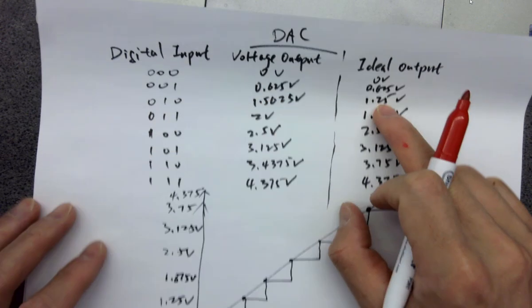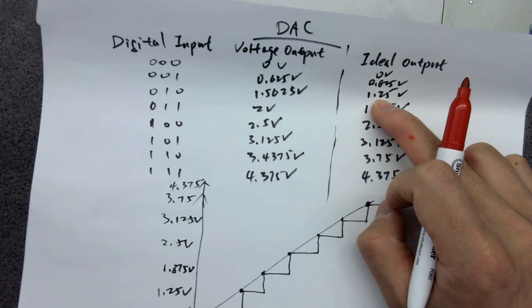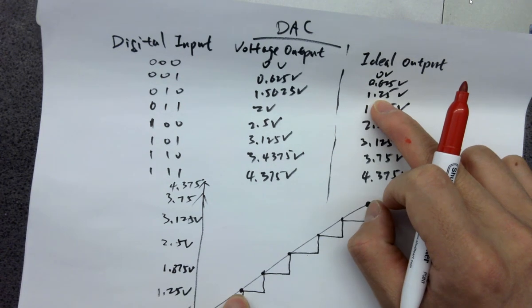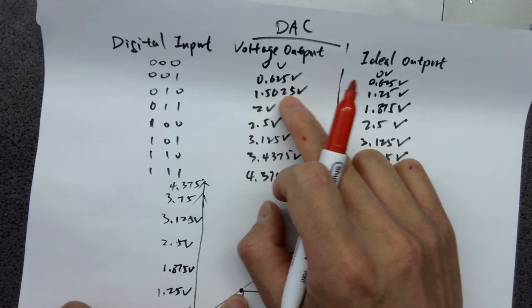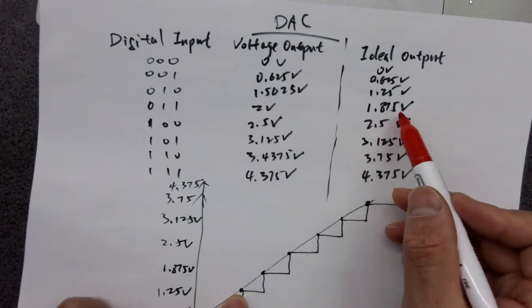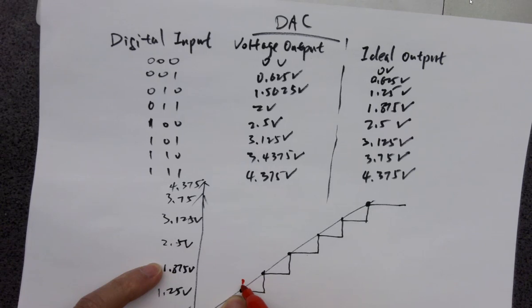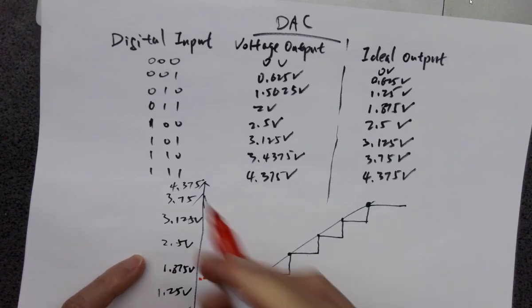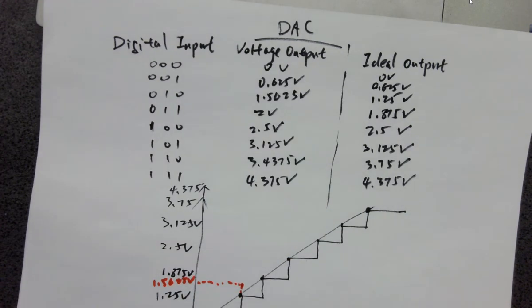However, when it should reach 1.25 volts, it goes up to 1.5625 volts instead. But it's still lower than 1.875, so it's going to be in the middle. And then it introduces nonlinearity to the results.